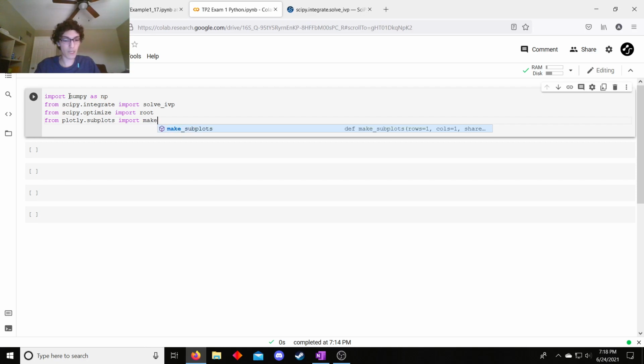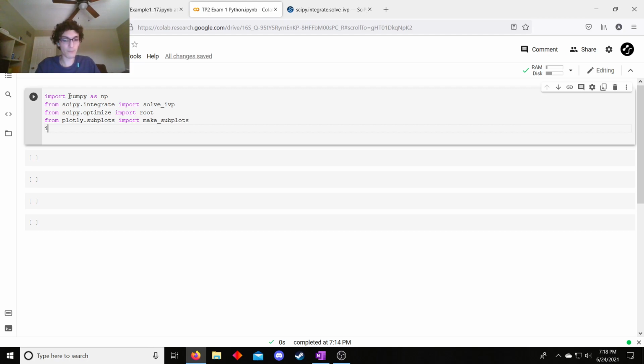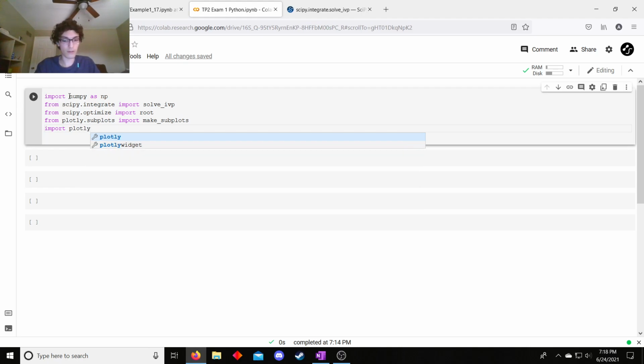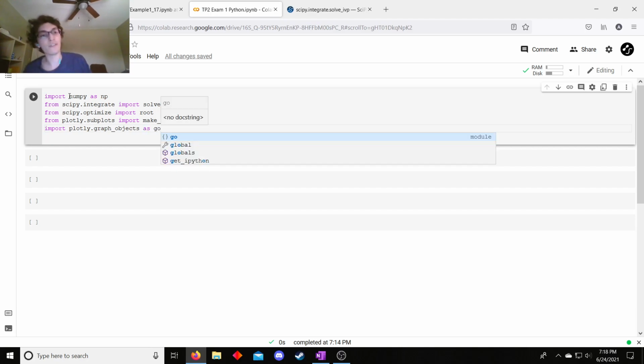So I'm going to import make_subplots, and then I'm also going to import graph objects as go. Importing this as go, it'll be easier to just type go rather than graph objects when we use it later. So this is all we're going to import.